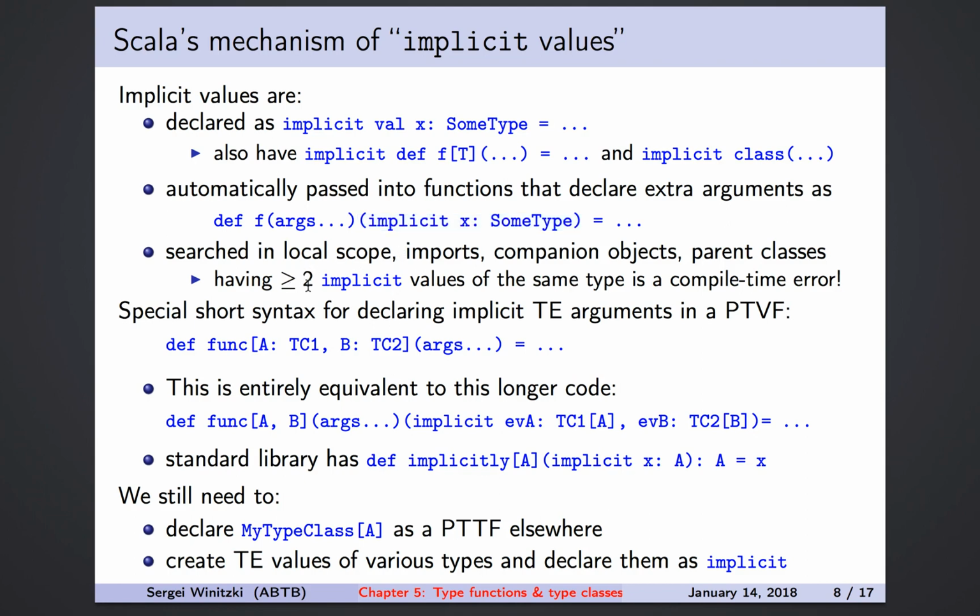So, by the way, having more than one implicit value of the same type is a compile time error. So you cannot say implicit val x of some type, implicit val y of some type next to it. That would be a compile time error.